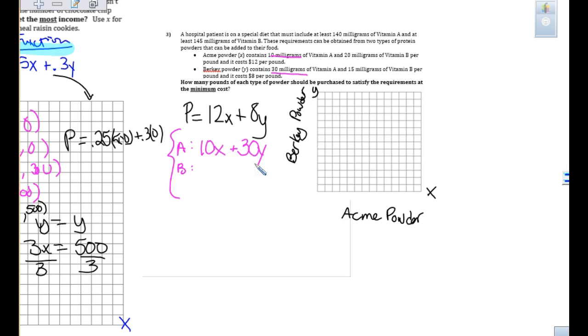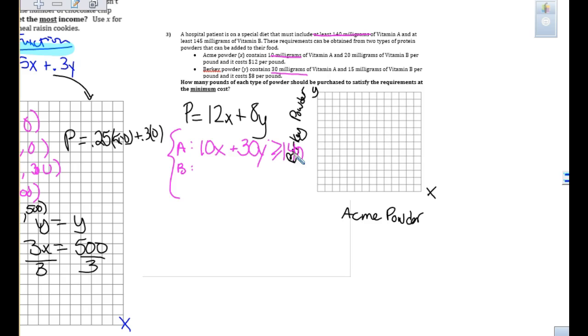It has to include at least. So could it be more than that? So this is going to be at least 140. This is going to be greater or equal to 140. Okay? As you're reading it and breaking it down, right?